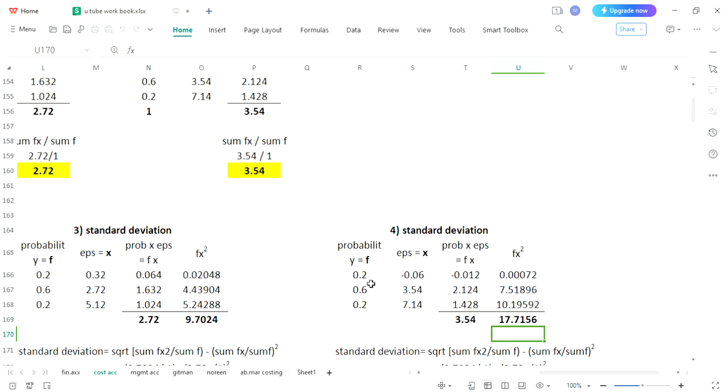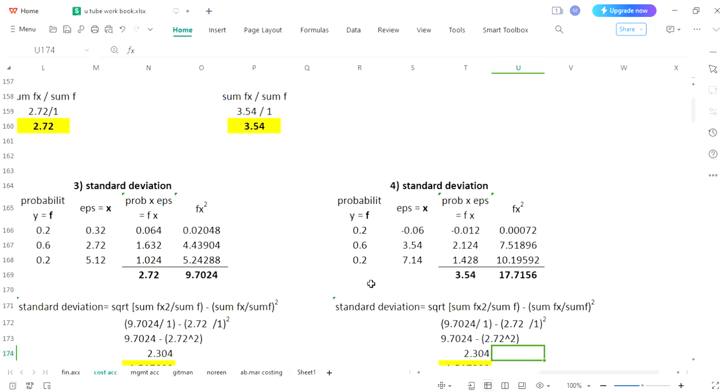And you have got your fx square. To put in your formula, let's change it. We need to put fx square, which is 17.7156. Sum of f is equal to 1, and then sum of fx is needed, which is calculated: 3.54 divided by 1 and square.